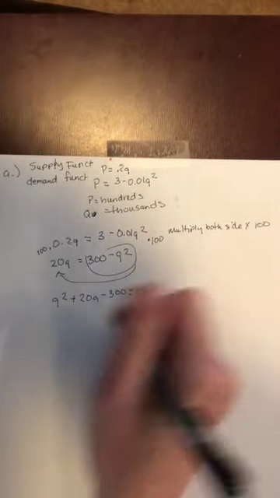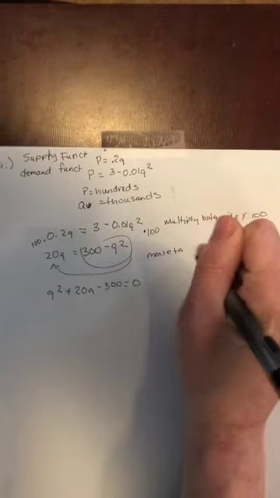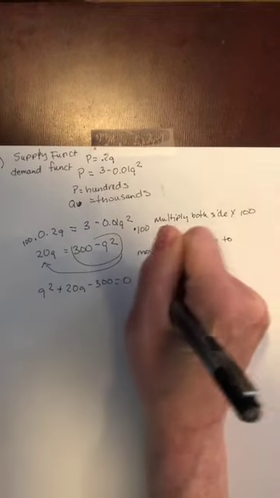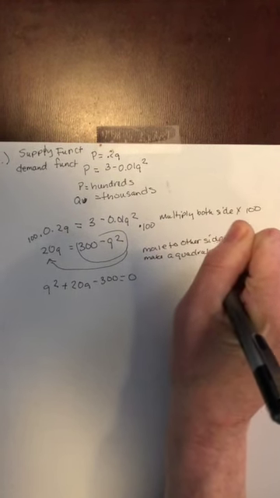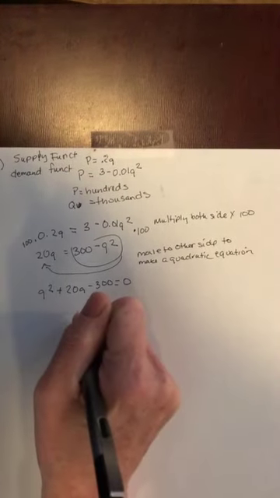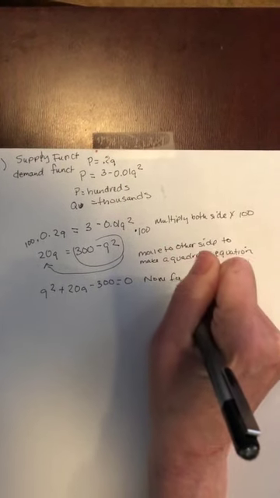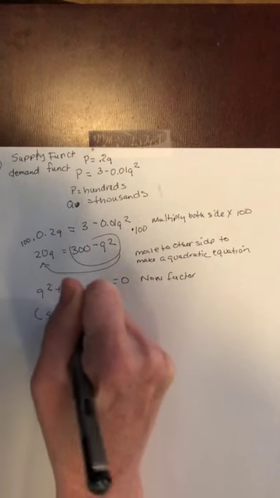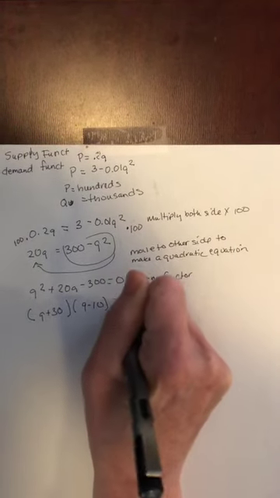Now I'll factor. And then I get, when I factor, Q plus 30 and Q minus 10 equals 0.